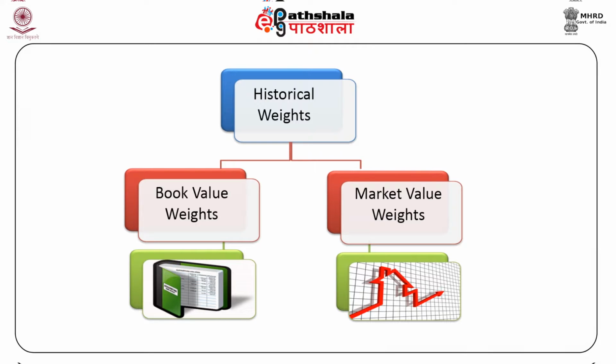Market value weights are weights that use market values to measure the proportion of each type of capital in the firm's financial structure. WACC, calculated using the book value weights, is generally lower than the WACC calculated on the basis of market value because the market value of the capital components is usually higher than the book value.